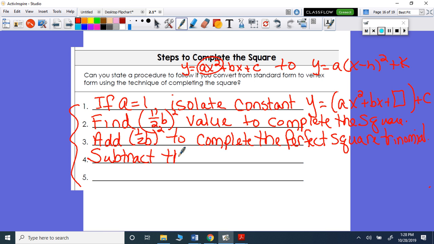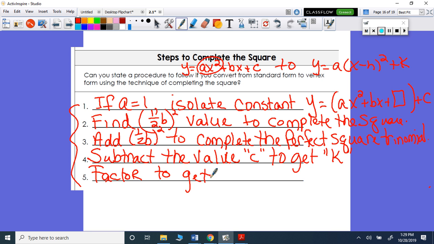We're going to subtract the value of c to get k. It's easy when we do it, confusing in words. And then you're going to factor to get that vertex form. Looks like a lot, but it's not. It's basically what you did.